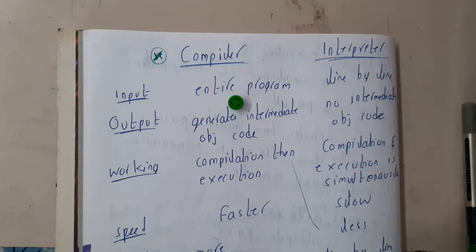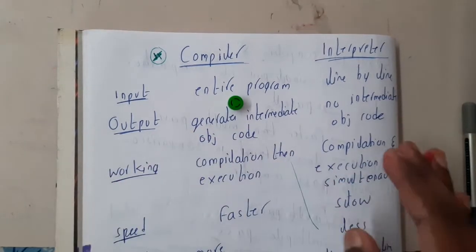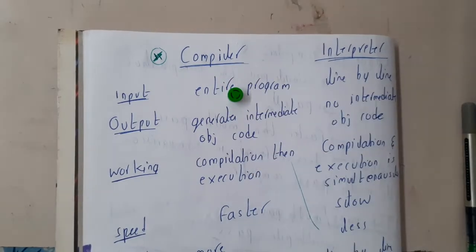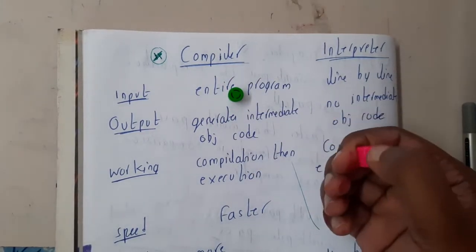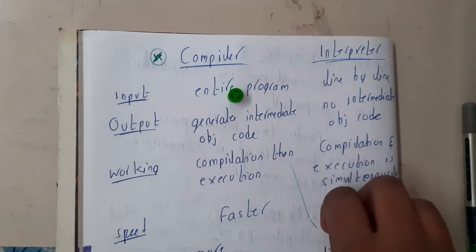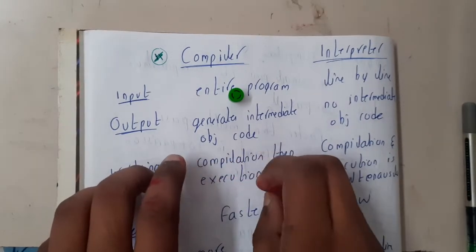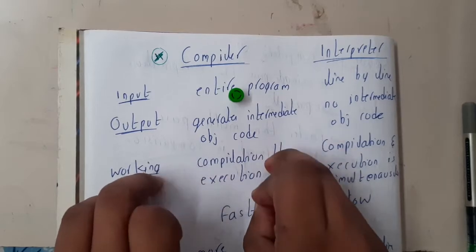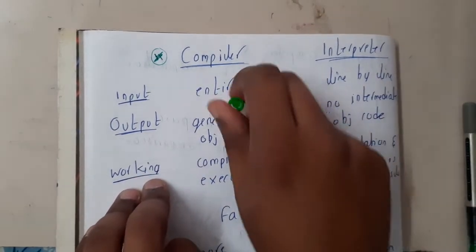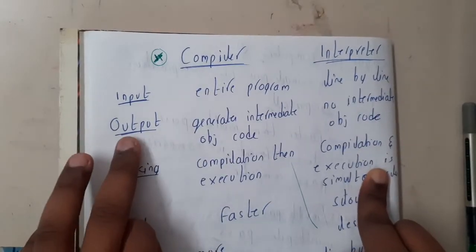So basically the compiler takes the entire program as input and starts executing the entire program. When it comes to an interpreter, just a single line of a program can also be given and you can execute it, guys. When it comes to Python, if you recall, you can write a single line and execute, single line, execute. There is no need for you to write the whole code and then start execution, right? That is the difference. Moving on to the output.